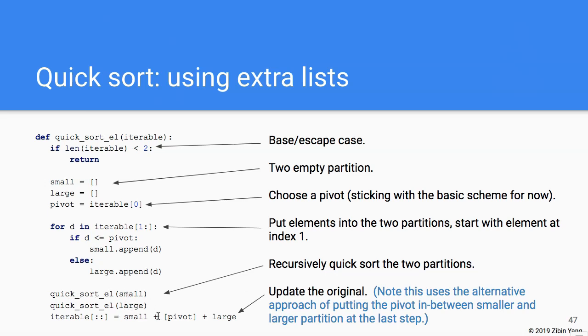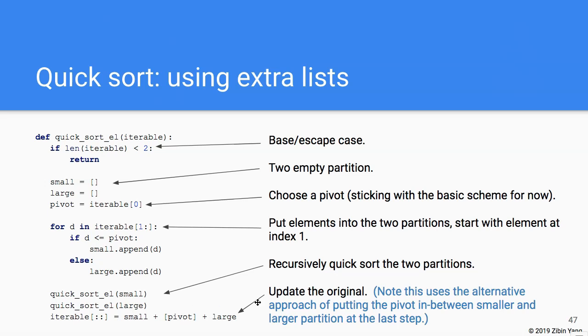And then when we're done, we'll concatenate the smaller list, which is now sorted, with the pivot. The pivot should be between the smaller partition and the larger partition. And then finally concatenate the larger list, and we'll update the entire iterable with the result.